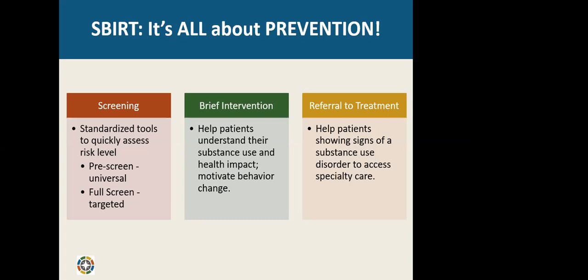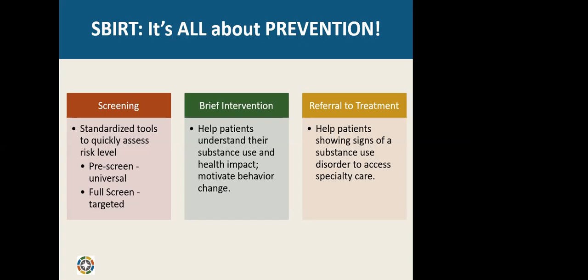And so having referral mechanisms in place, and this is where, again, I think coalitions, communities can really be helpful. Actually in all of these areas, but in that referral aspect, in connecting communities and identifying maybe gaps, advocacy opportunities, that sort of thing, so that we can help individuals who are showing signs of a substance use disorder access that specialty care that they so desperately need.